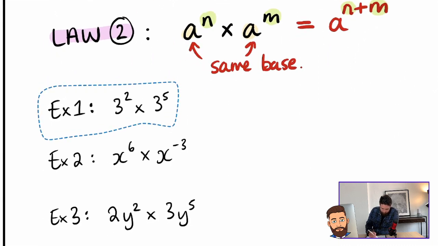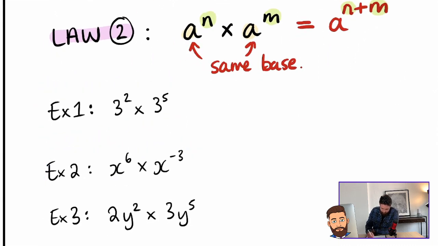Example 1. Let's see it in action. We have 3 squared times by 3 to the power 5. Well, the first thing we should check, do we have the same base? Yes, we do. We have the same base. Are we timesing them? Yes, we are.